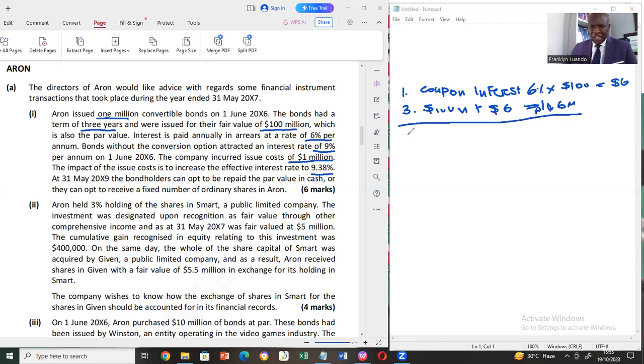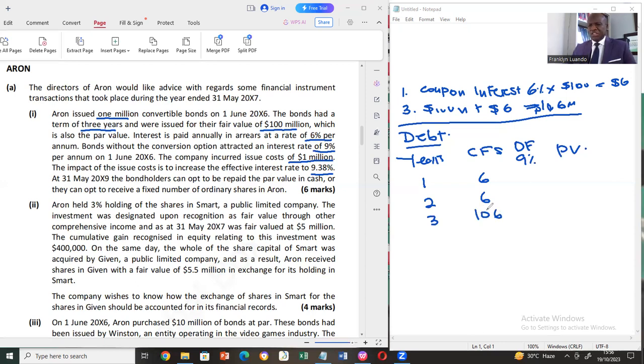So the debt component now will be: years, cash flows, discount factor at 9%, present value for 3 years. In year 1, that is 6. Year 2, that is 6. Year 3, it's the sum of principal and interest.